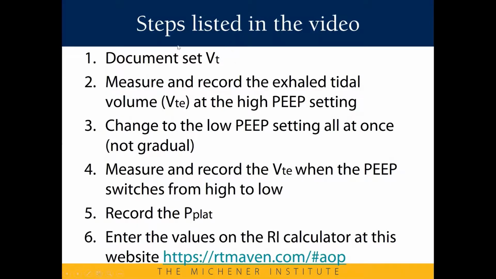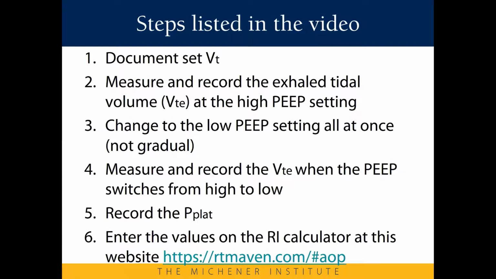So for your ease, I've listed out the steps in the video that Tom Perano just went through. You're going to need to document your set tidal volume. And then you're going to need to measure and record your exhaled tidal volume at the PEEP setting that you currently are on. Then you are going to decrease your PEEP setting all at once. So this is not a gradual change.